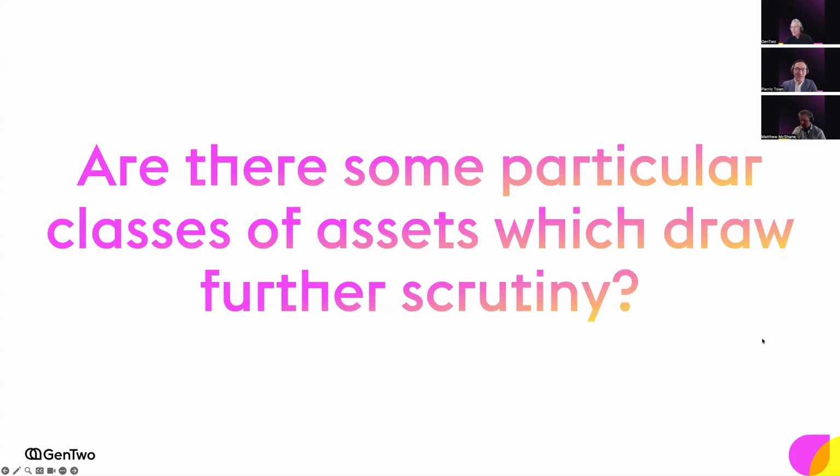So, are there some particular classes of asset which draw further scrutiny? Yes, there are. Usually there would be real estate and intellectual property. These are the assets that would come to mind. Essentially, the nature of these rights would require some further review and appropriate protection.